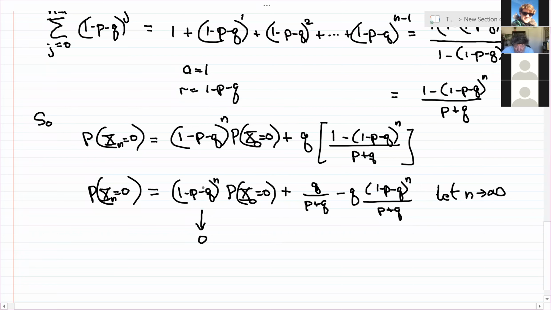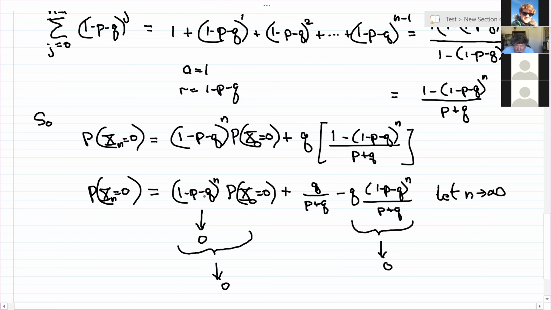Whenever you take a high power of a proper fraction, be it negative or positive, doesn't matter, you're going to get close to 0, which means, and this is some constant, this whole term gets close to 0. Similarly here, the (1 minus p minus q) to the n is getting close to 0. This stuff is some constant, but it doesn't matter. So the whole thing goes to 0.